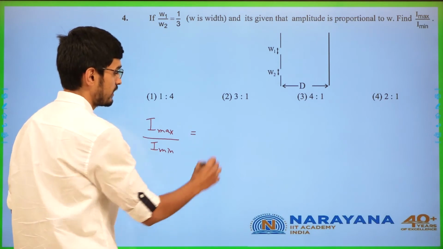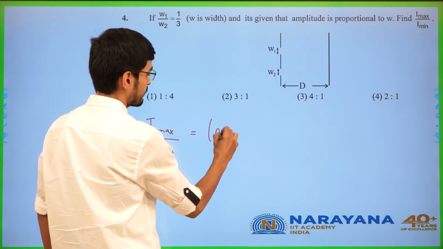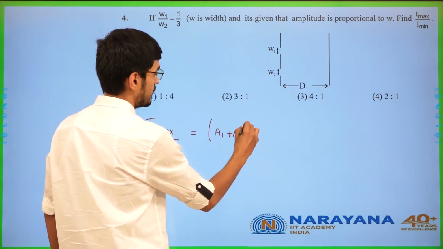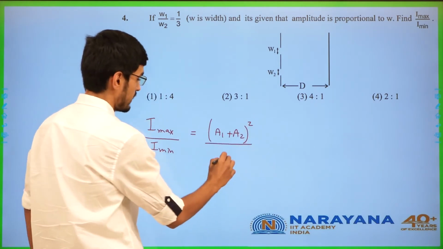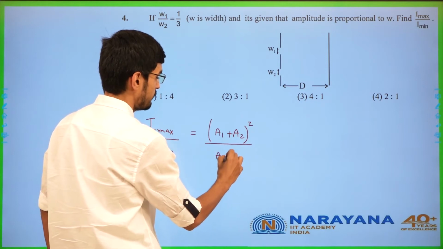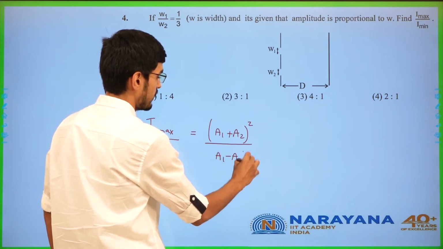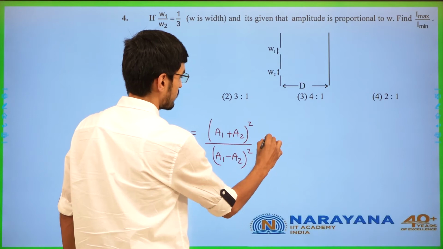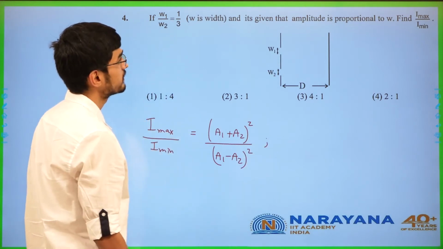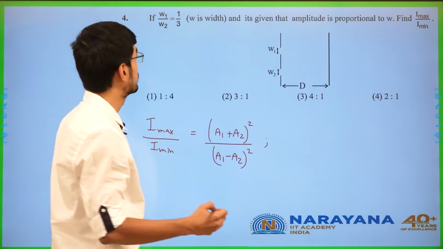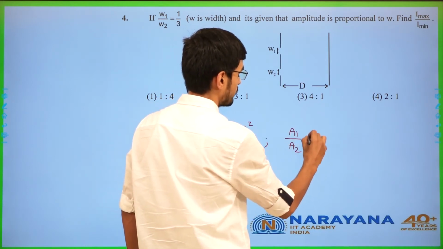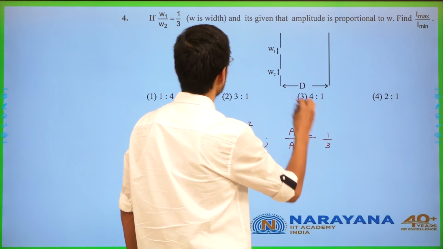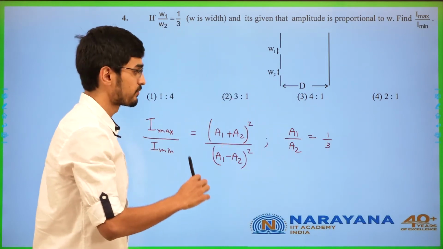So we can write I max as proportional to A1 plus A2 whole square, and I minimum will be proportional to the difference in the magnitudes whole square, A1 minus A2 whole square. In the question it is given that amplitude is proportional to width. That means A1 upon A2 is 1 by 3, the ratio of the width of the slits.